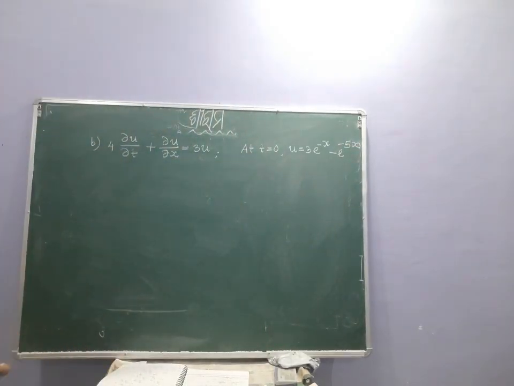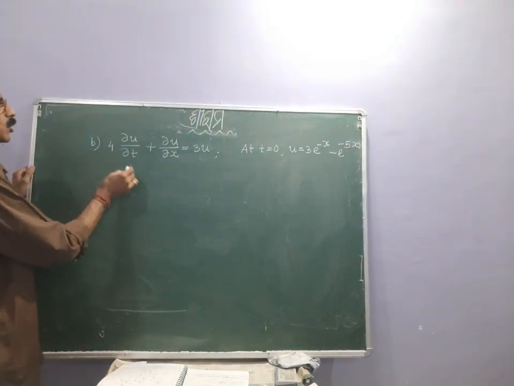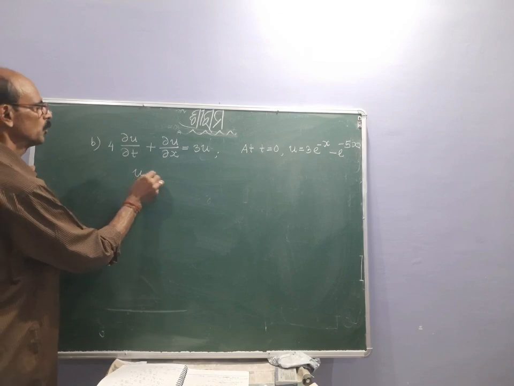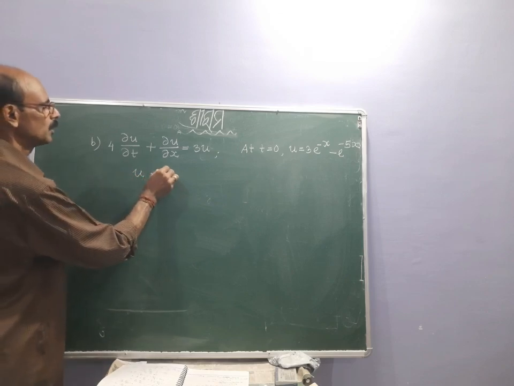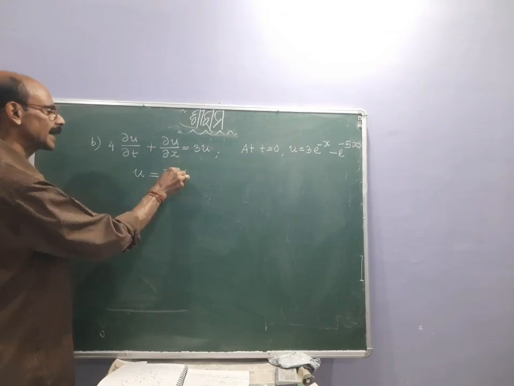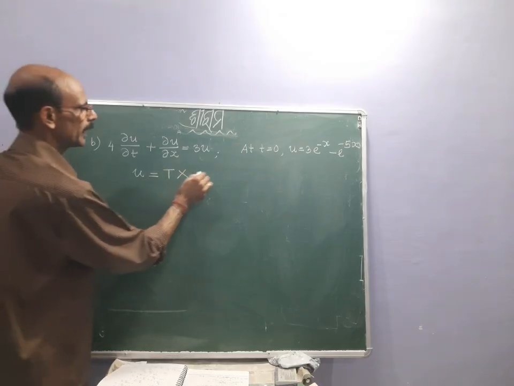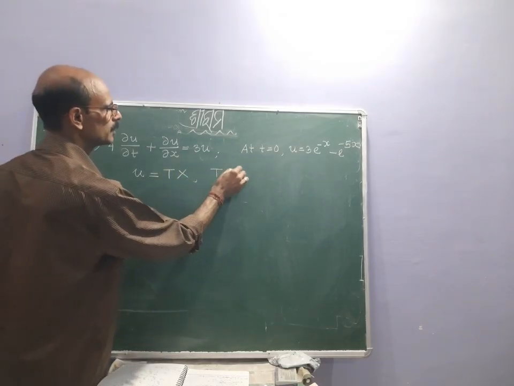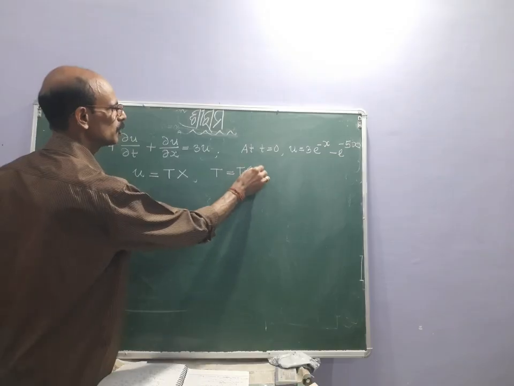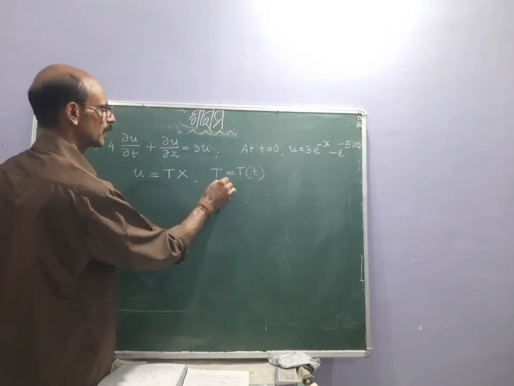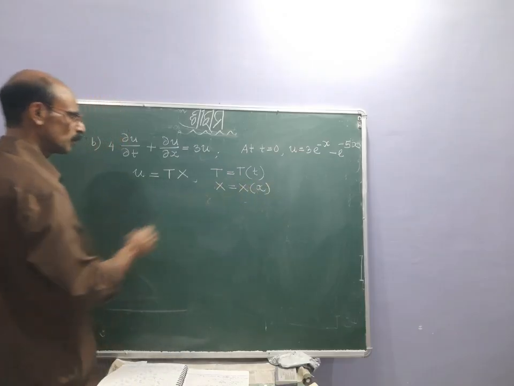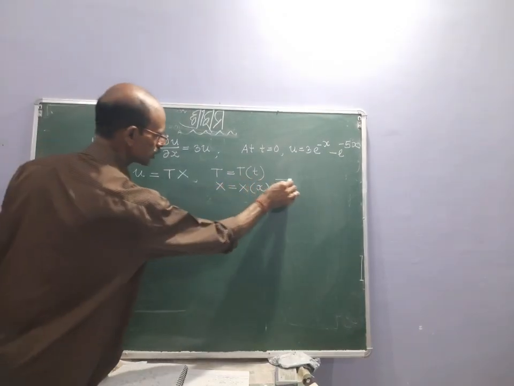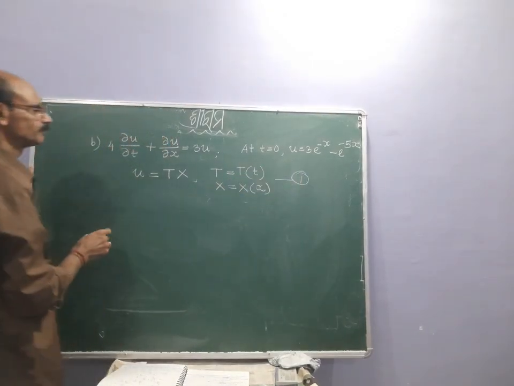So as usual we will write u is equal to T into X, where capital T is the function of small t only and capital X is the function of small x. So this is equation 1.